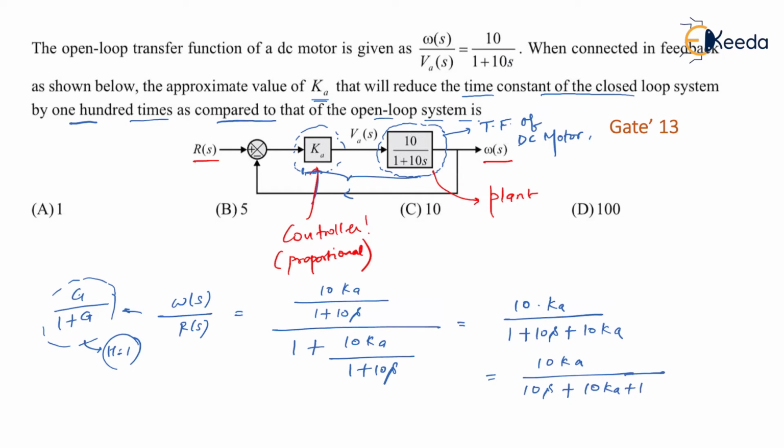Am I right? So what I have got in the last step, let me rewrite again. The transfer function that we have calculated so far is 10 Ka whole divided by 10s plus 1 plus 10 Ka. I have to compare this with a standard first order system.